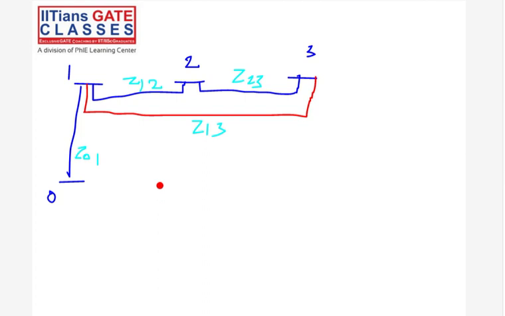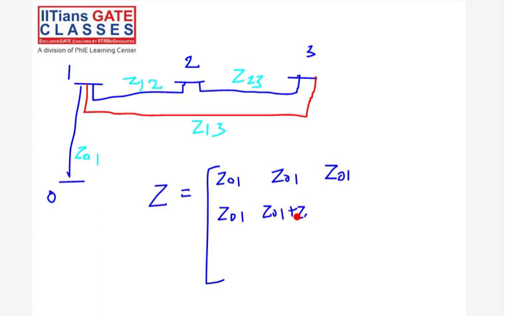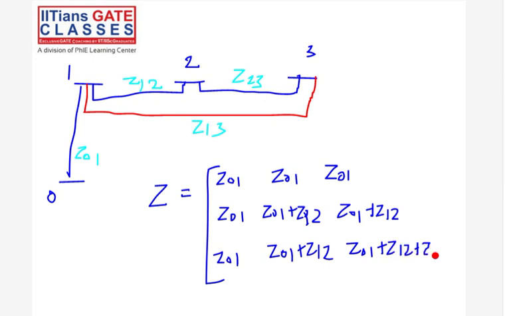The existing Z bus, before we add this line, would be set 0, 1, then set 0, 1 plus set 1, 2, then set 0, 1 plus set 1, 2 plus 2, 3. All right. So this would be the matrix.